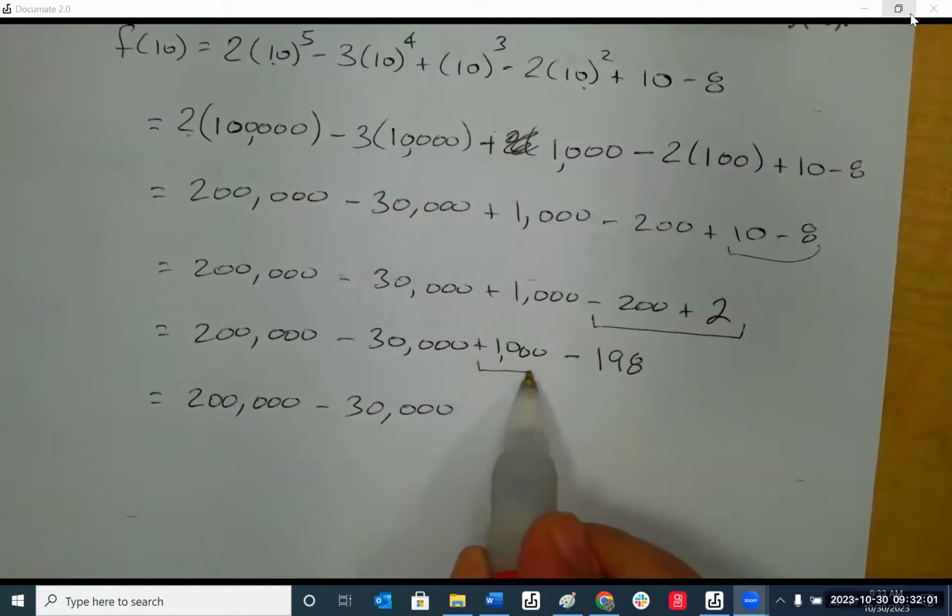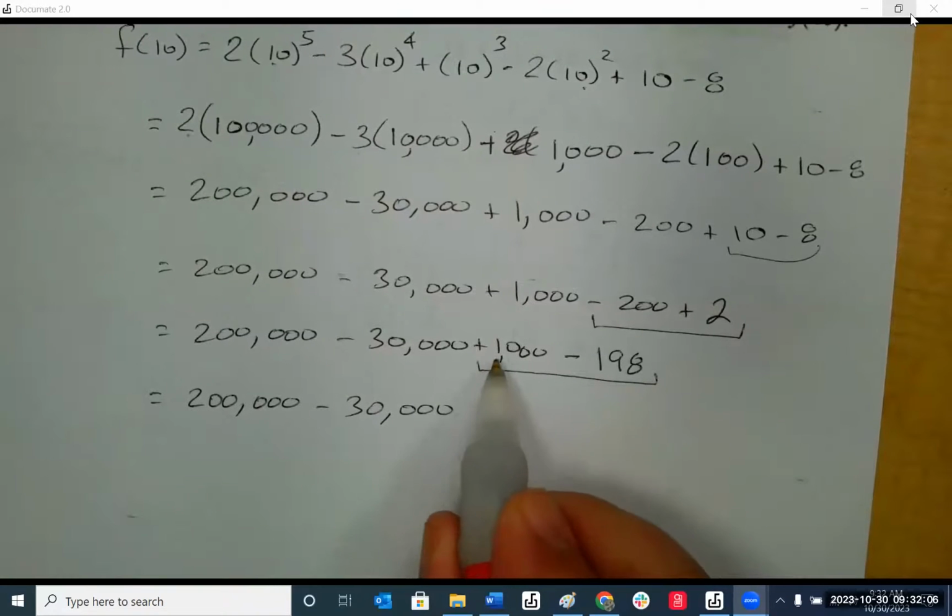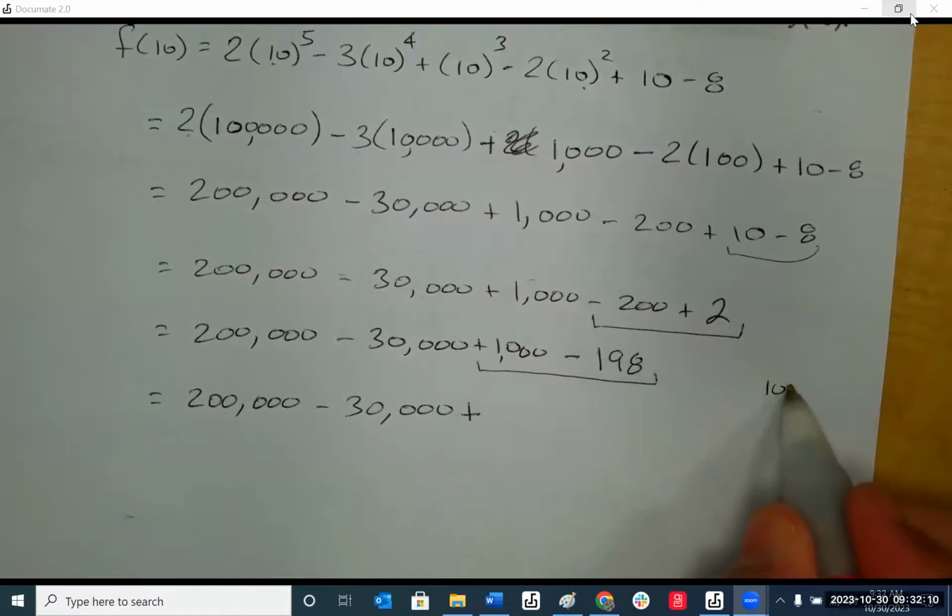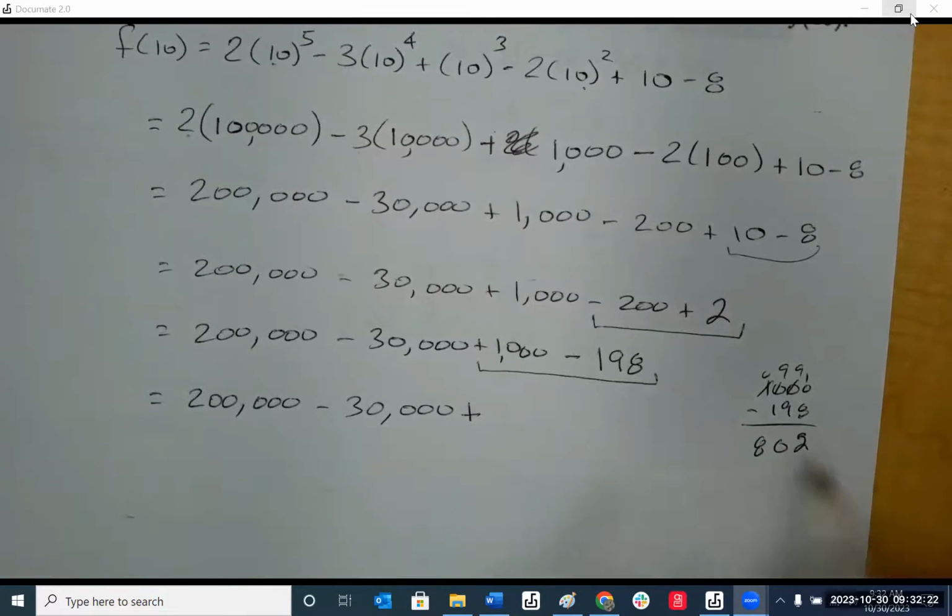Then we have a positive 1,000 minus 198. 1,000 is bigger, so it's positive. 1,000 minus 198. Ten minus 8 is 2. 9 minus 9 is 802.